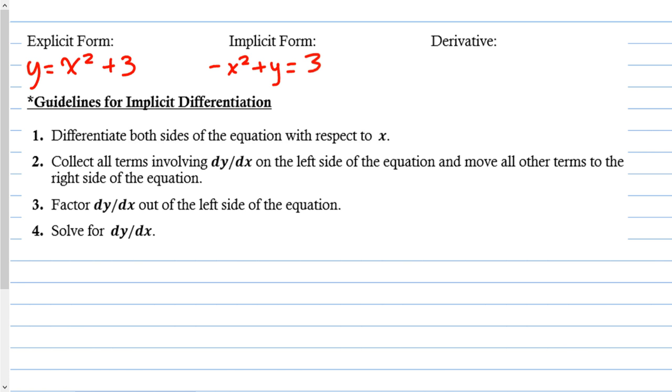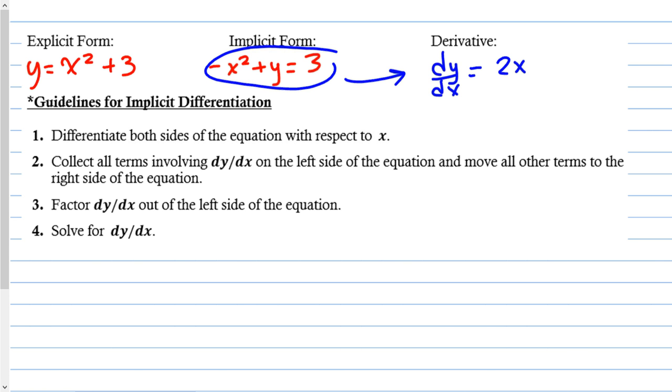When we derive, we've been deriving explicit form up to this point. And when we derive, y becomes dy dx. And then x squared plus 3 is 2x. Now, if I derive this equation, I will get exactly the same answer.